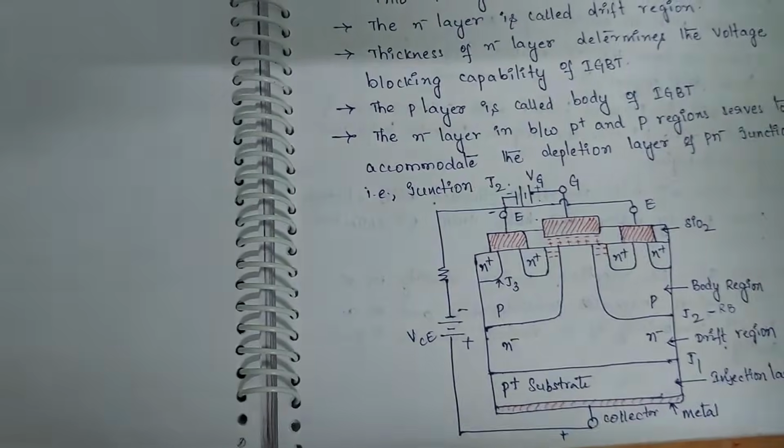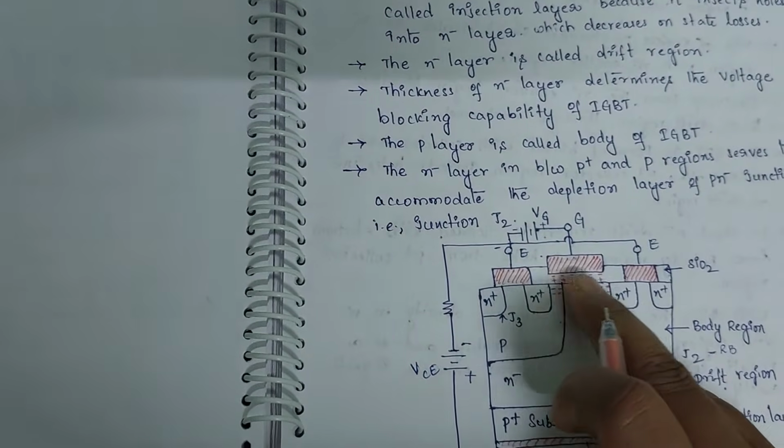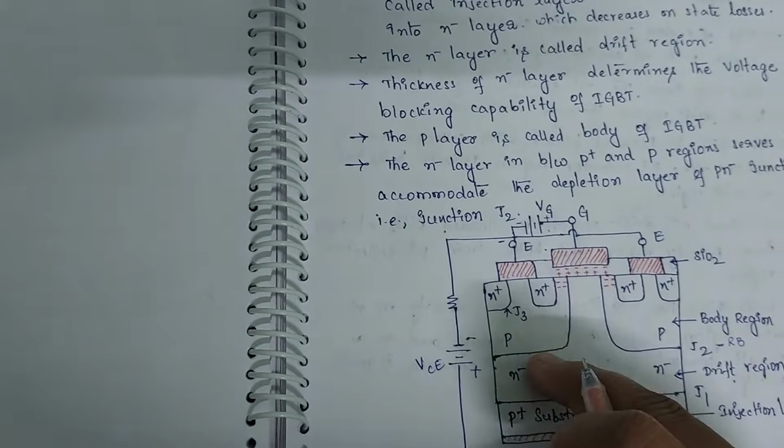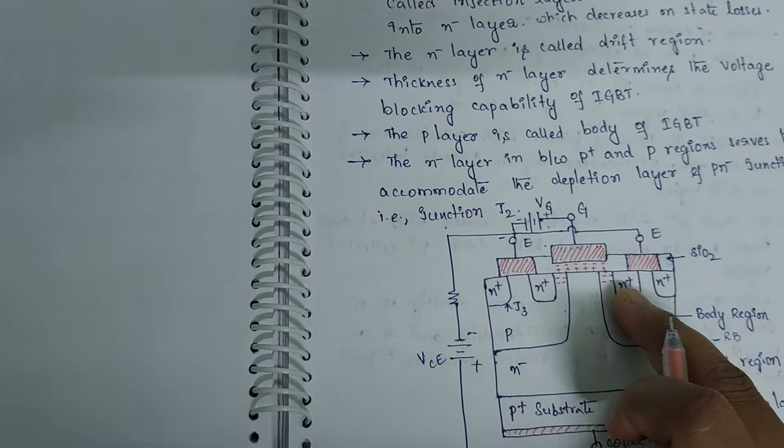As we keep on supplying the gate voltage, the positive charges are accumulated in the SiO2 layer, and in the P body region the negative charges get accumulated.